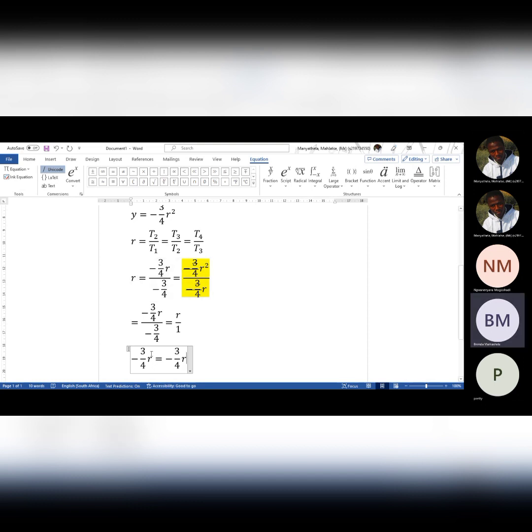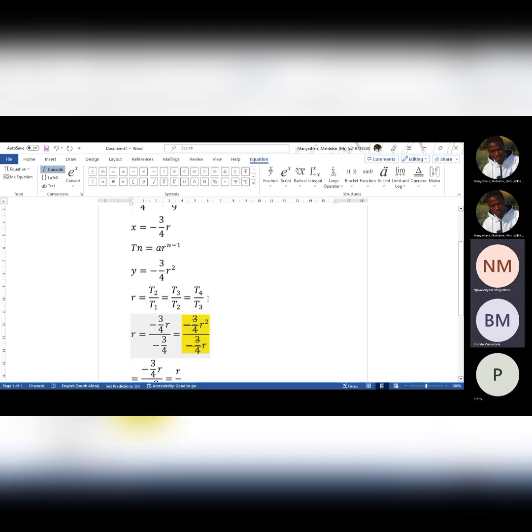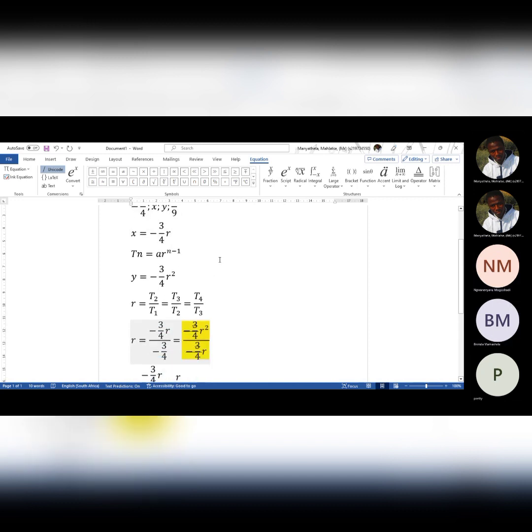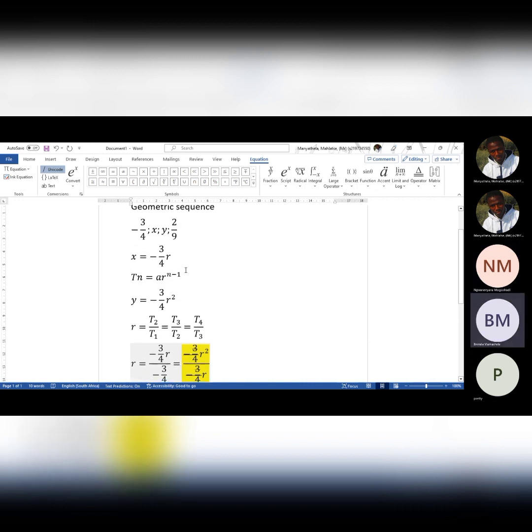Term number 2 over term number 1 is equal to term number 3.